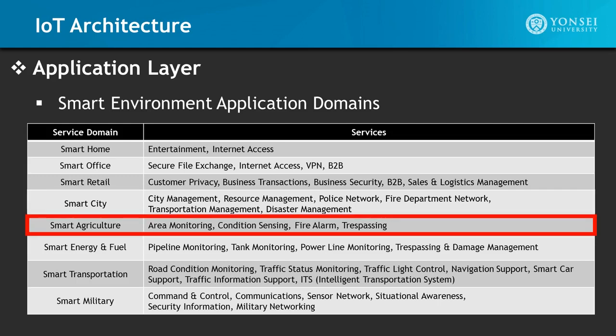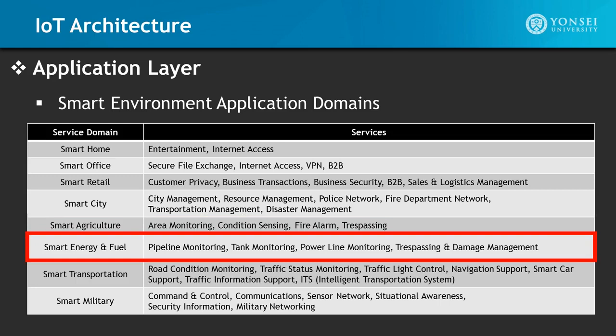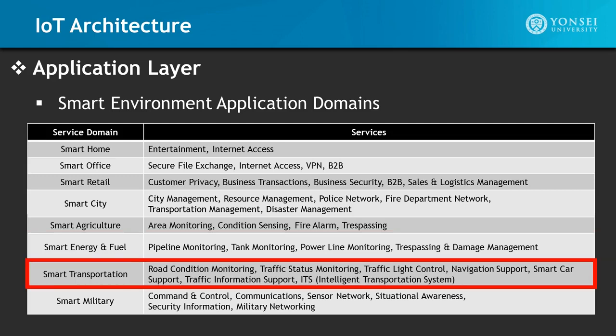Smart agriculture: area monitoring, condition sensing, fire alarm, trespassing. Smart energy and fuel: pipeline monitoring, tank monitoring, power line monitoring, trespass and damage management. Smart transportation: road condition monitoring, traffic status monitoring, traffic light control, navigation support, smart car support, traffic information support, and the overall intelligent transportation system, ITS.